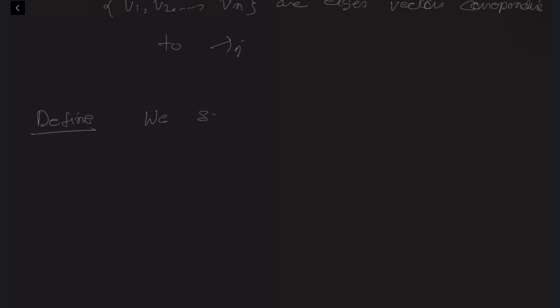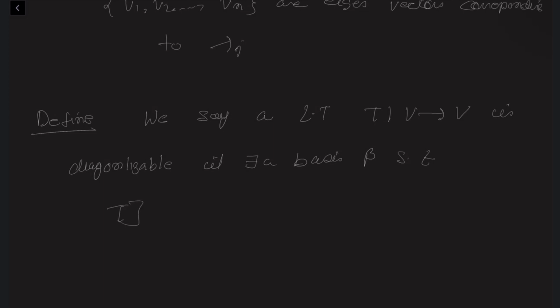So we say a linear transformation or a linear operator T from V to V is diagonalizable if there exists a basis beta such that the matrix of T with respect to the basis beta is a diagonal matrix.